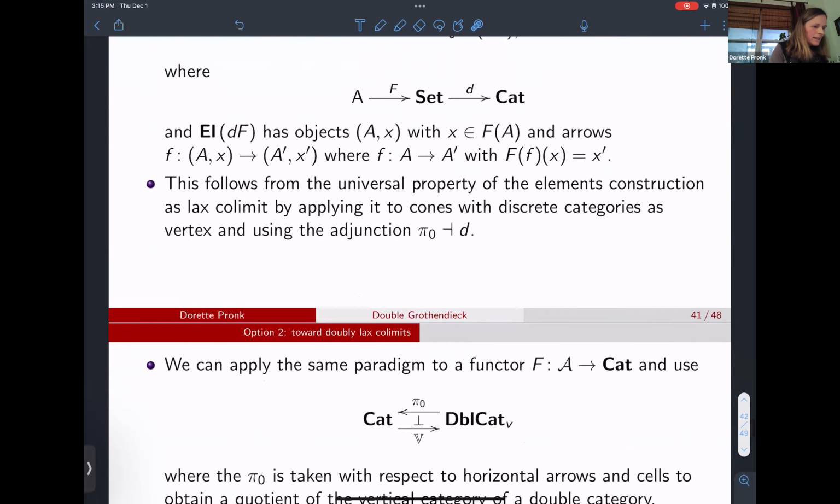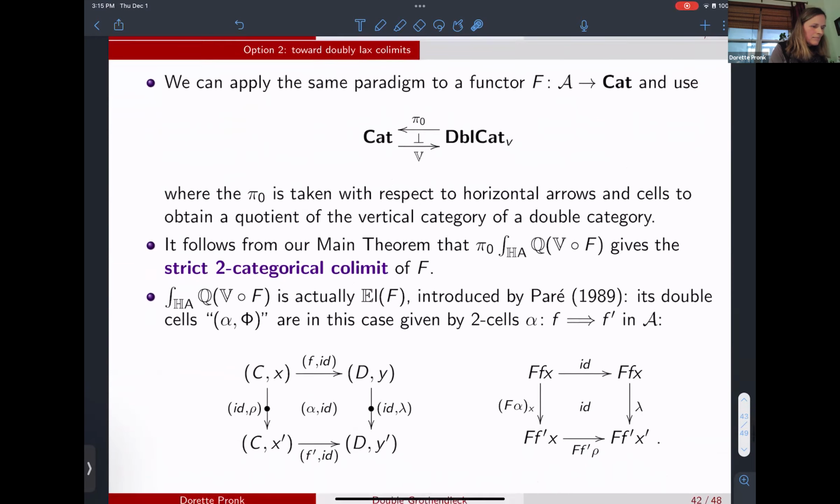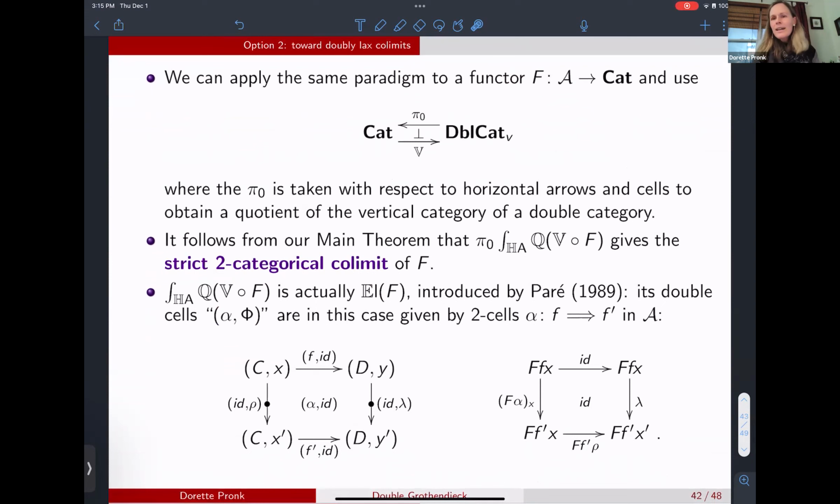Well, we can apply that same paradigm between Cat and double cat V, and use V and the pi naught. Pi naught is basically take the quotient with respect to the horizontal arrows and cells. So take that quotient.